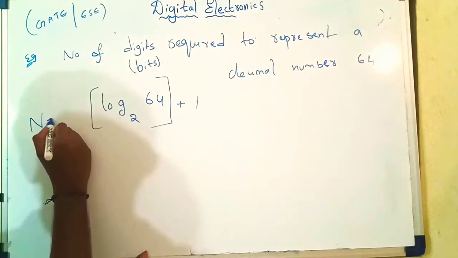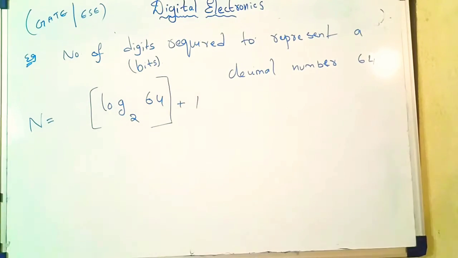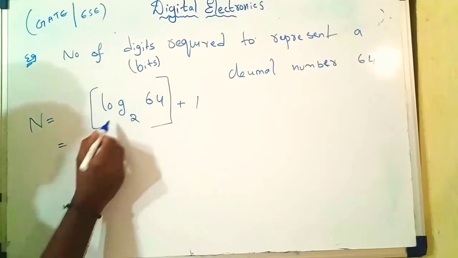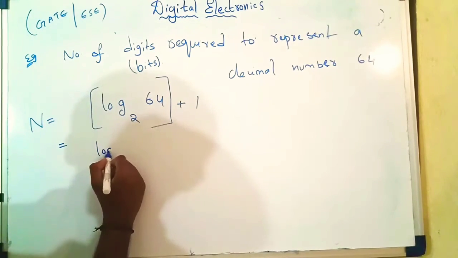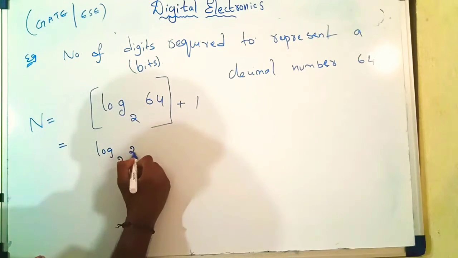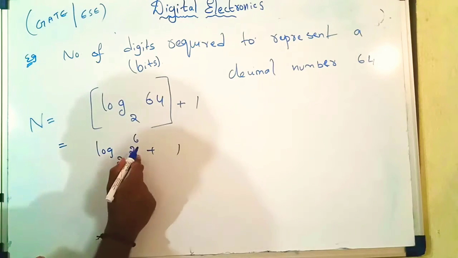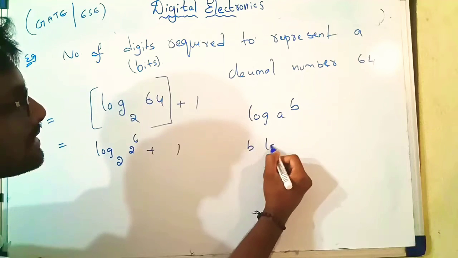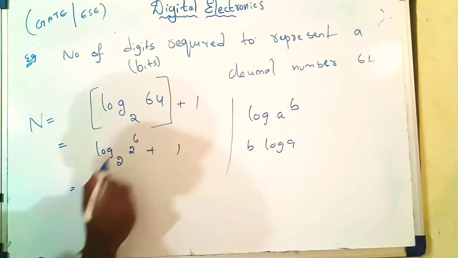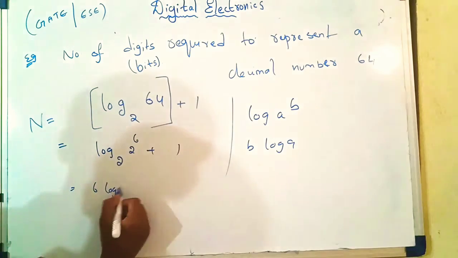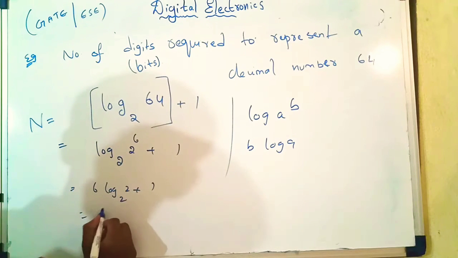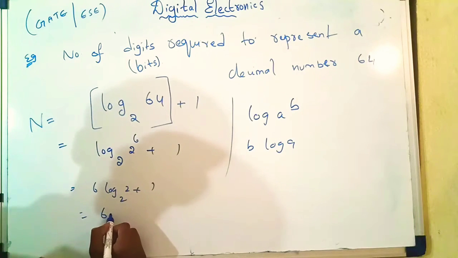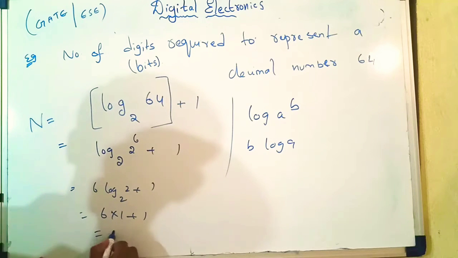This is the number of digits. Log 64 can be written as log of 2 power 6. Log a power b can be written as b log a, so 6 will come out. 6 times log 2 base 2, which is 1, plus 1 equals 7 bits.